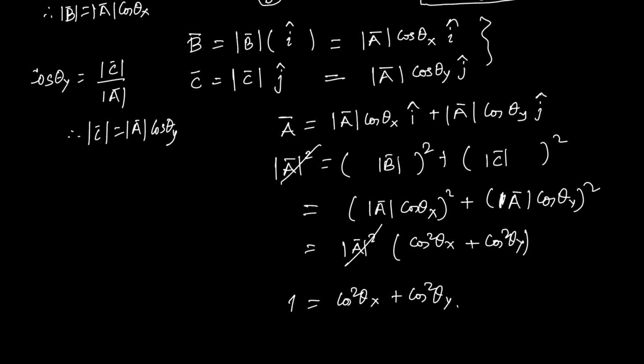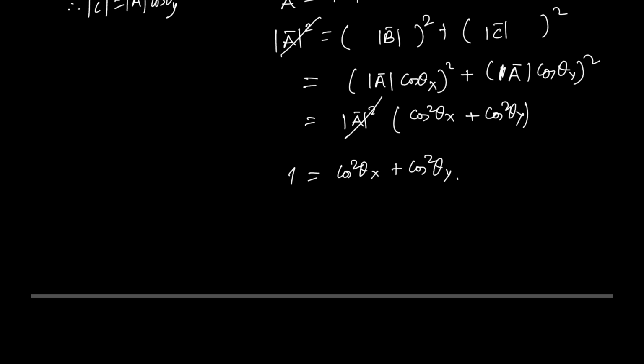Okay, similarly, if we have a vector in 3 dimensions in space, then that vector will be written in 3 components. Suppose this is x direction, y direction, z direction, and a vector is somewhat like this, A. Then this vector can be found by adding again 3 vectors like this.